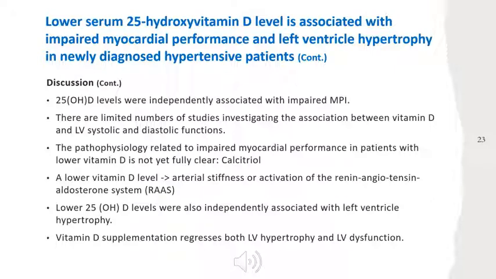On the other hand, a lower vitamin D level is associated with increased activation of the renin-angiotensin-aldosterone system. Therefore, increased renin-angiotensin-aldosterone system activation may stimulate myocardial fibrosis and hypertrophy, leading to left ventricle systolic and diastolic dysfunction.